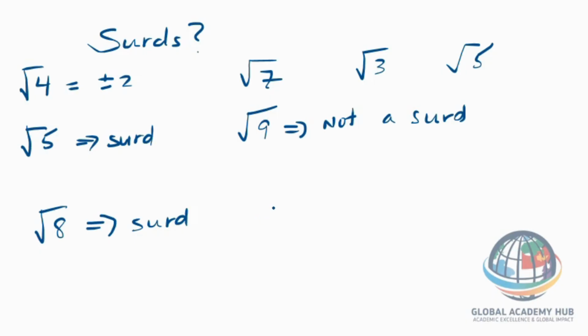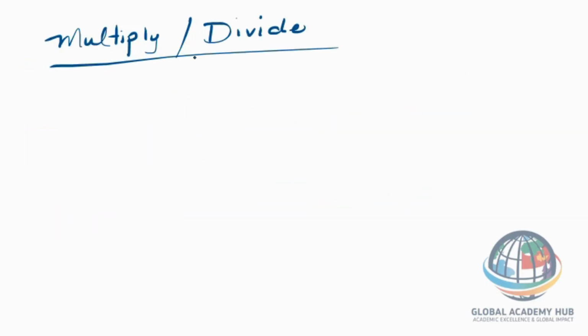Another example would be the square root of 15. Not a prime number, but is a surd. Now let's go to the square root of 15. Under the square root sign, what we really have is the square root of 5 times 3.